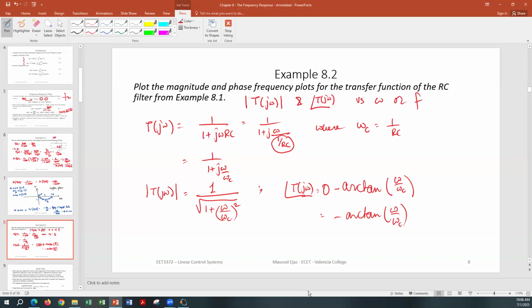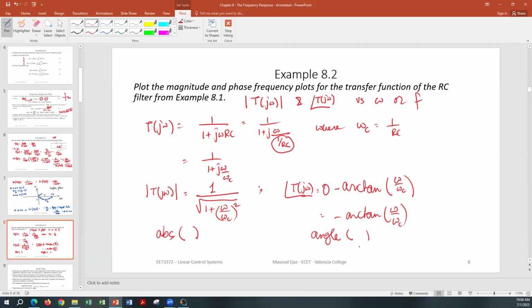So magnitude response, phase response. Of course, in MATLAB or Octave, all you have to do for magnitude response is use the absolute value function. Phase response is calculated using the angle function, which gives angle in radians, and you can change that into degrees.